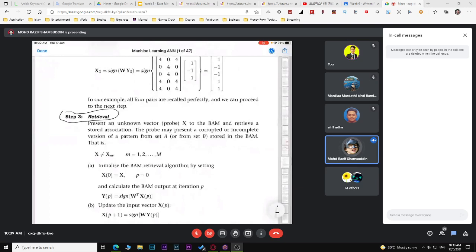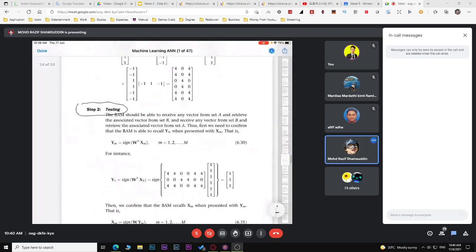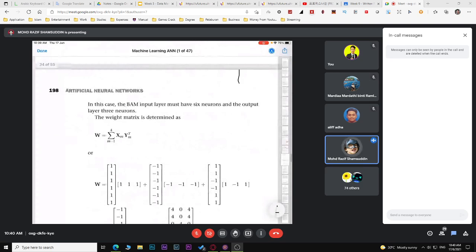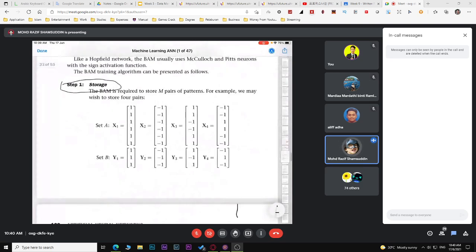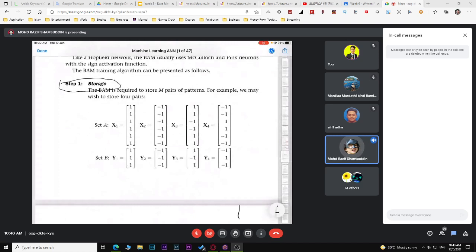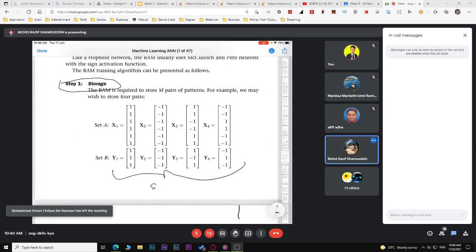So during storage, we have to acquire the stable state patterns. These are the patterns that we need to memorize. These are the stable states. What is the difference between bidirectional associative memory and Hopfield is that in both BAM and Hopfield network, the idea is to map the input to a created output.